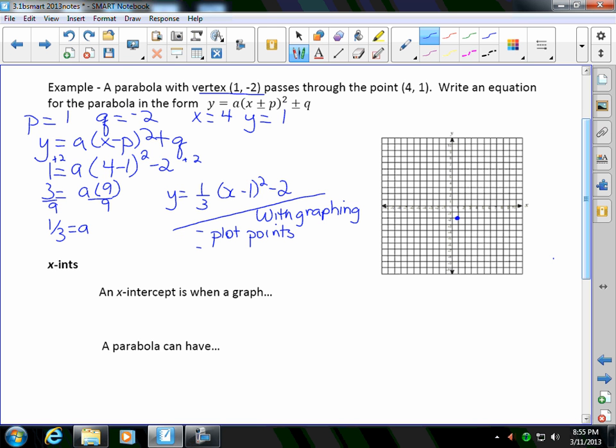And the point that they gave me was at (4, 1). So 1, 2, 3, 4, 1. So that means I would do my count. For this one, my count is 1, 2, 3 up, and 1, 2, 3 over.